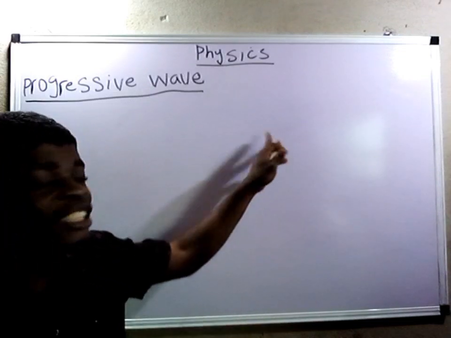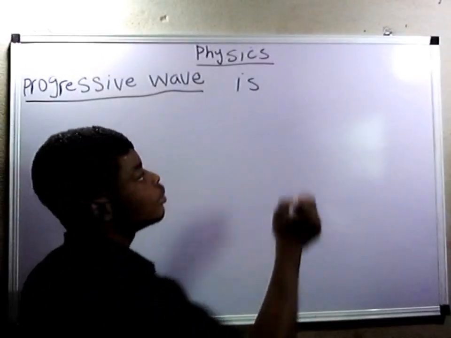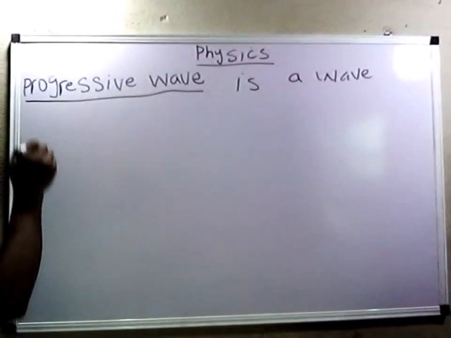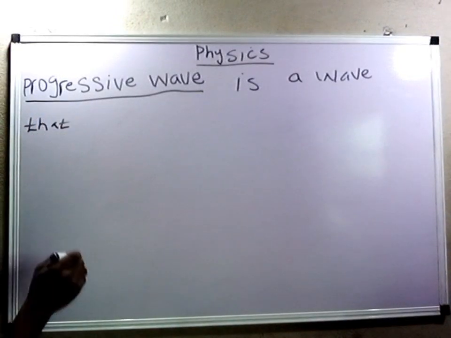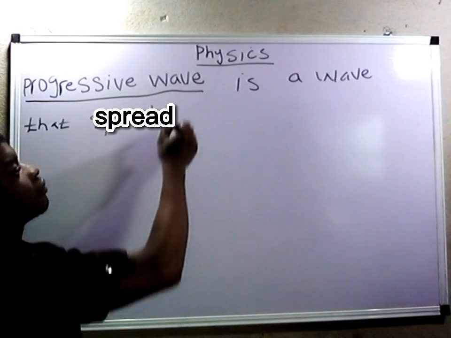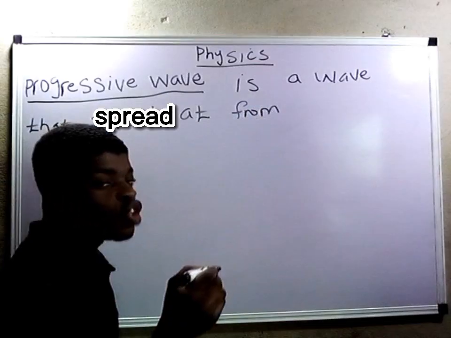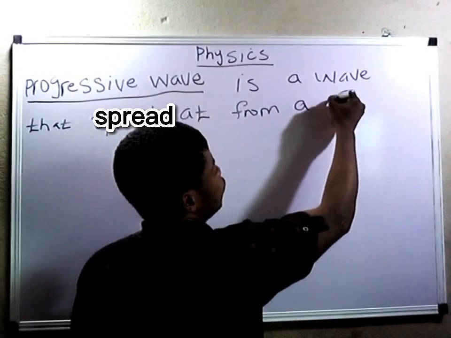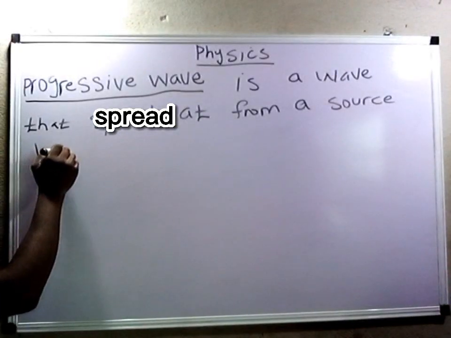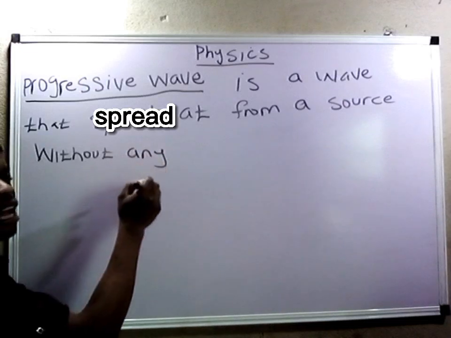So we can therefore say that a progressive wave is a wave that spreads out from a source without any restriction.